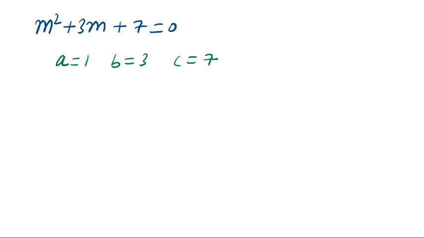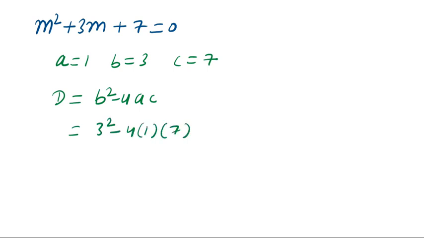We know that the discriminant of this quadratic equation, D, is equal to b square minus 4 times ac. Now the value of b is 3, so 3 square minus 4 times the value of a, which is 1, and the value of c is 7. Then 3 square is 9 minus 4 times 7 is 28, and 9 minus 28 is equal to minus 19.